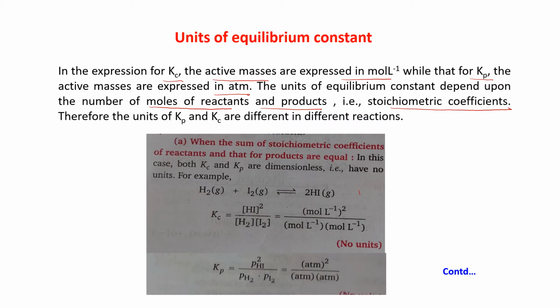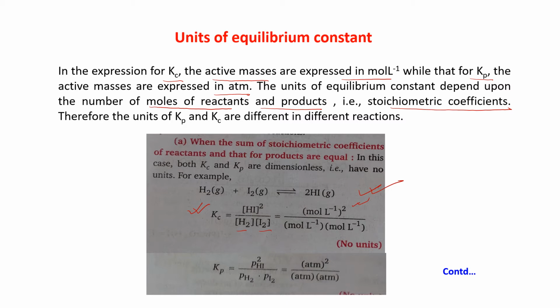See, the reaction is H2 gas plus I2 gas is giving you 2HI gas. So the Kc is HI to the power 2 divided by H2 and I2. So the concentration for HI to the power 2 will be mole per liter to the power 2 divided by mole per liter for H2 and mole per liter for I2.